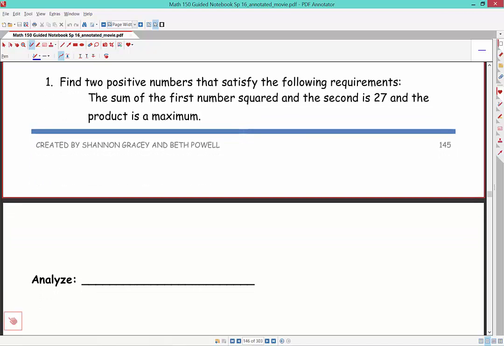Let's start off relatively easily by finding two positive numbers that satisfy these requirements. The sum of the first number squared and the second is 27, and the product is a maximum. The analysis of this one is going to be naming the numbers, really.